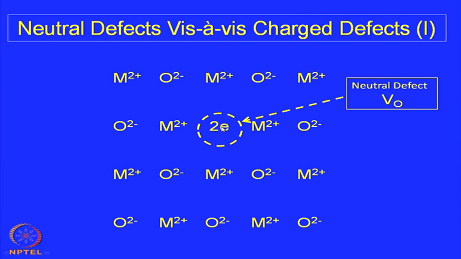When these 2 charges are left behind at that particular site, then this vacancy is a neutral defect. It has changed the mass distribution, the mass is not there, but the charge is still there. It was 2 plus 2 minus originally, still it is 2 minus. So in that site 2 electrons are floating, and if those 2 floating electrons are sitting in that place, then the vacancy that is created is called a neutral defect.